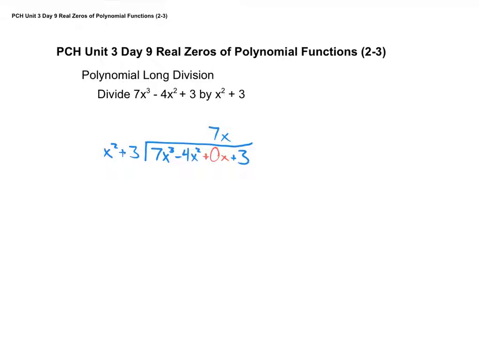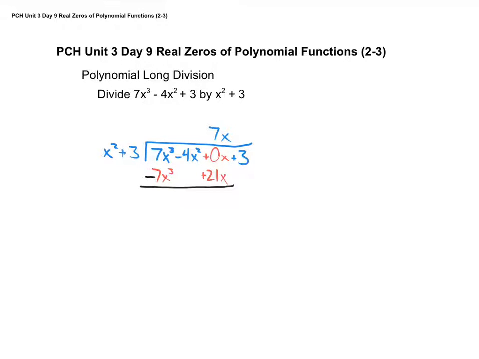Now, we've divided, now we've got to multiply it back. And this is where the 3 comes in. So 7x times the x squared is 7x cubed. And 7x times the 3 is 21x. So I'm going to put this again in the x column over here. And now you'll notice, all right, what do we have to do at this point? Subtract. We subtract, okay?